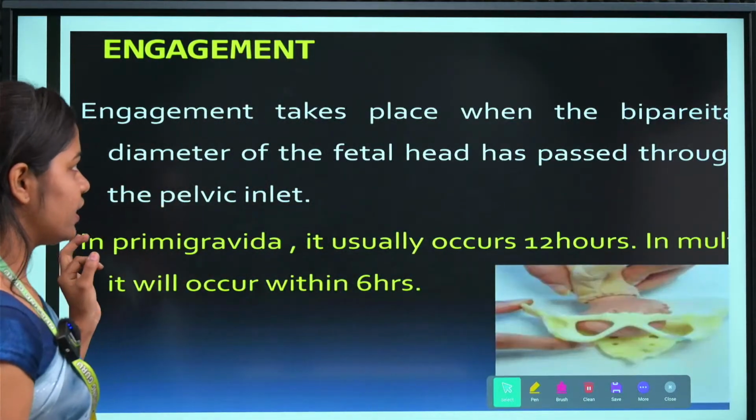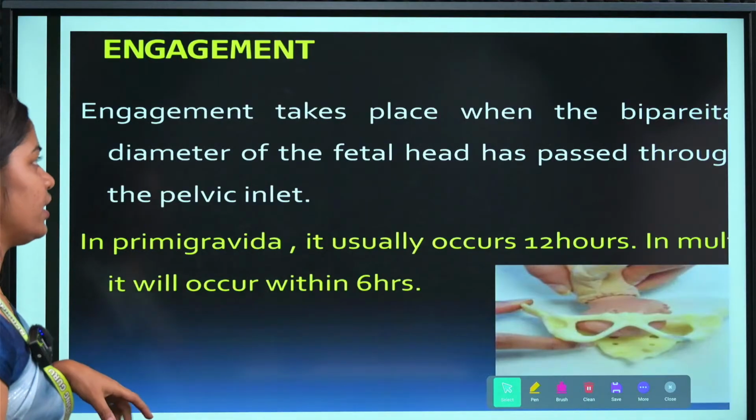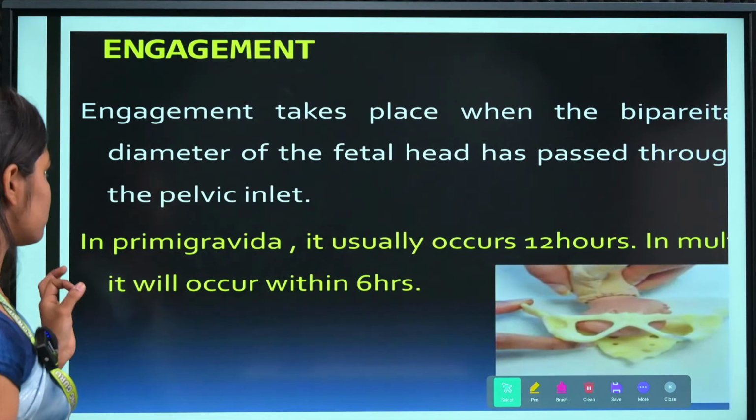engagement. Engagement takes place when the biparietal diameter of the fetal head has passed through the pelvic inlet.